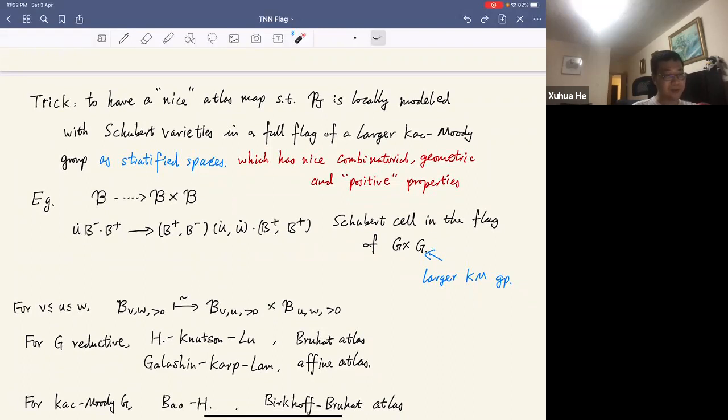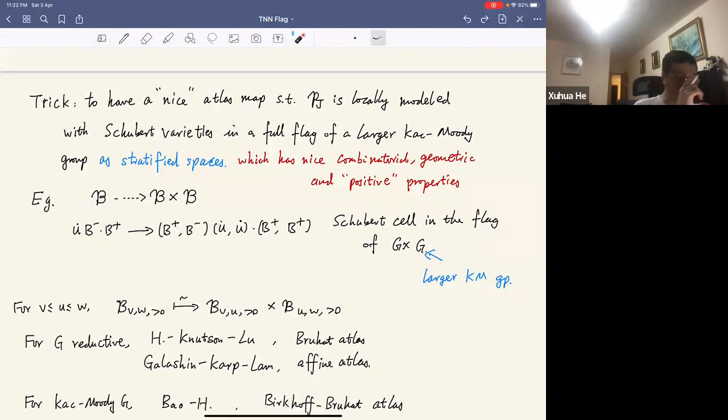What we mean by the atlas map is that it provides locally a model of the partial flag variety with the Schubert varieties in the full flag variety of a larger Kac-Moody group.